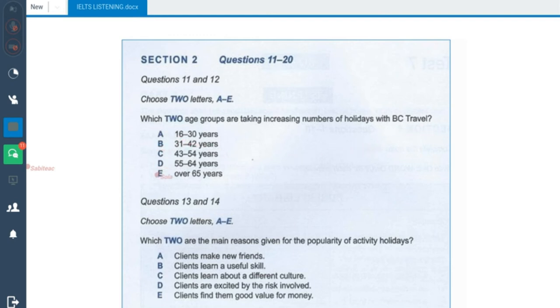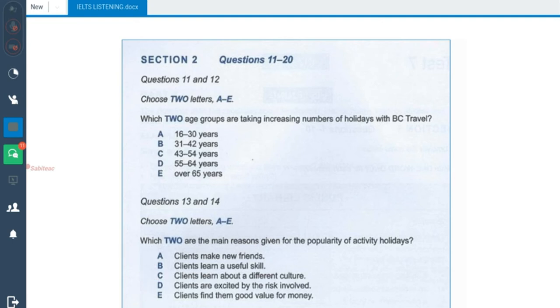As you can see, you have a longer list of options, A, B, C, D, and E, and the instruction asks you to choose 2 options. The second example is also a multiple choice question, with a longer list of options requiring you to choose 2 options.